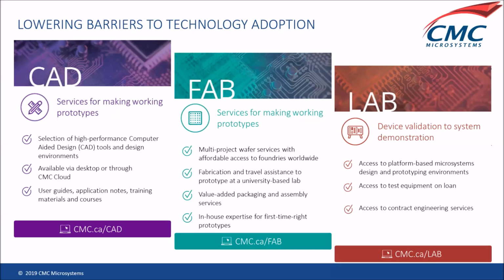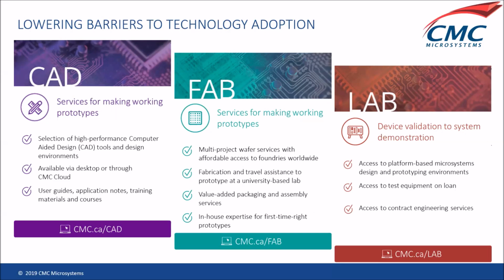As for Fab, it consists of services for making working prototypes, which include multi-project wafer services with affordable access to foundries worldwide, fabrication and travel assistance, value-added packaging and assembly services, and of course, in-house expertise for first-time-right prototypes.